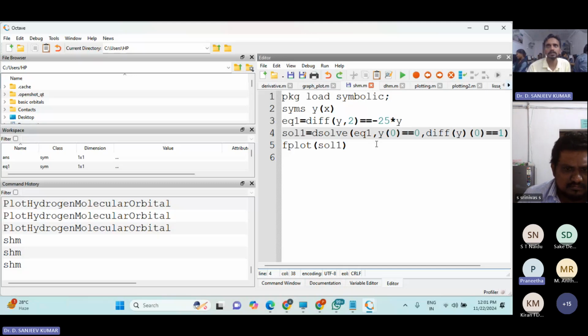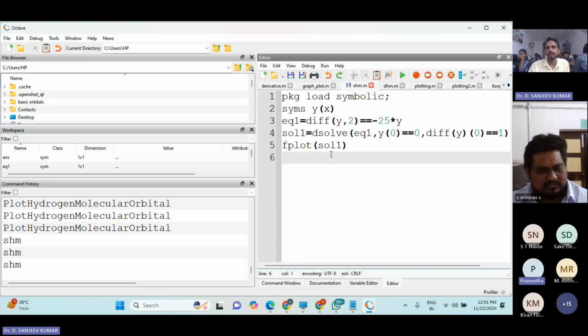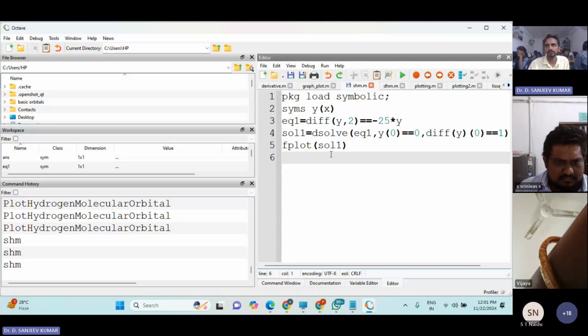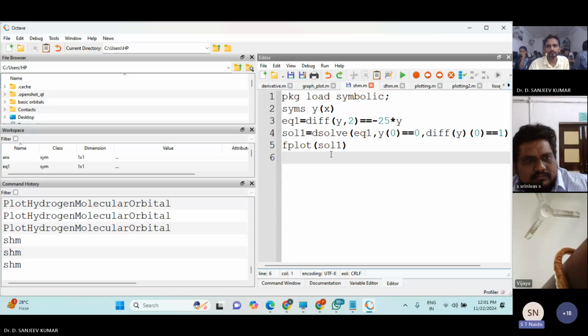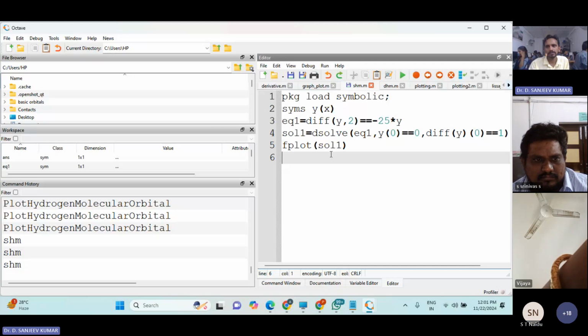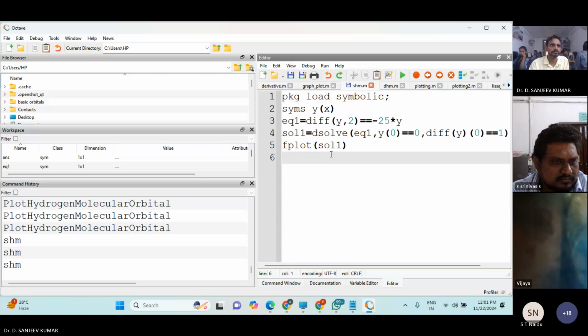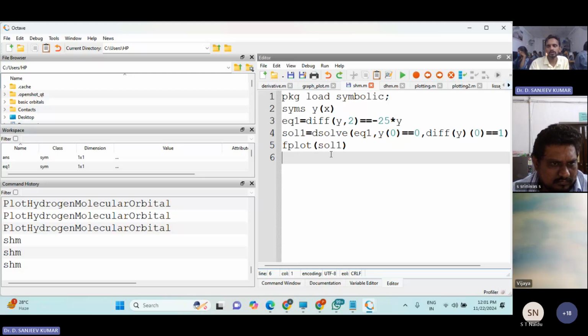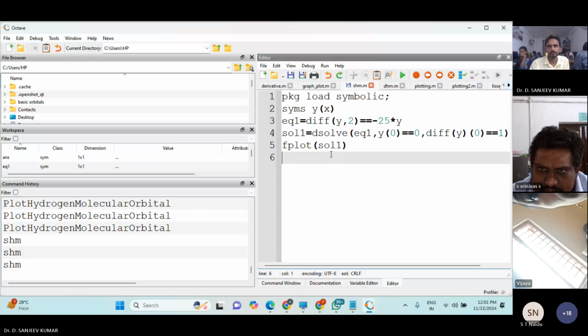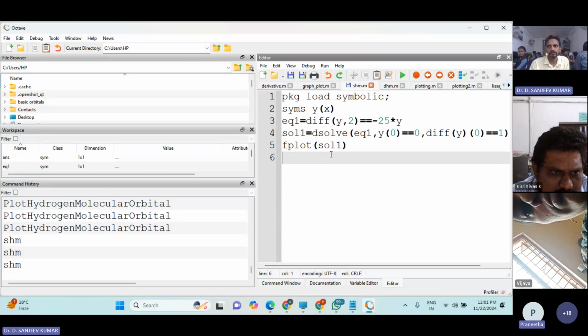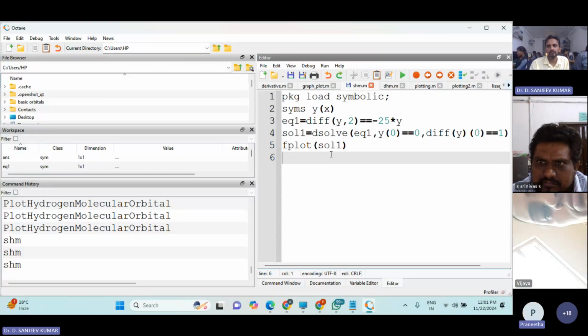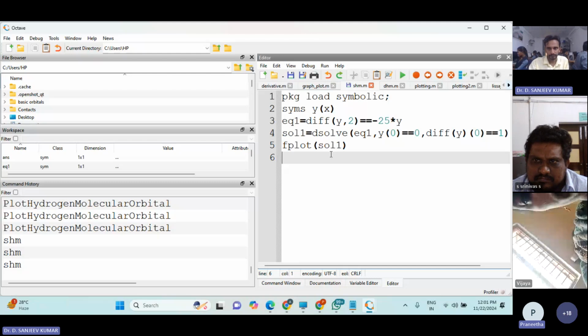So that C1, C2 values are obtained by supplying these initial values. I consider y0 is equal to 0 and the first derivative of y0 is equal to 1. So that means initial velocity is 1 and initial displacement is 0. So the pendulum is starting from its mean position, 0 position with some initial velocity.